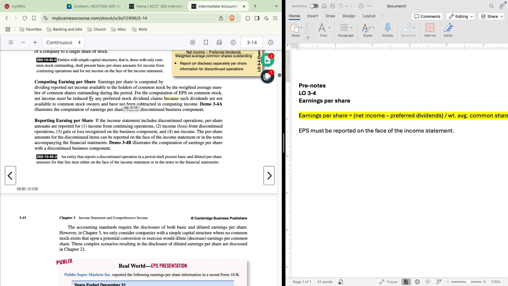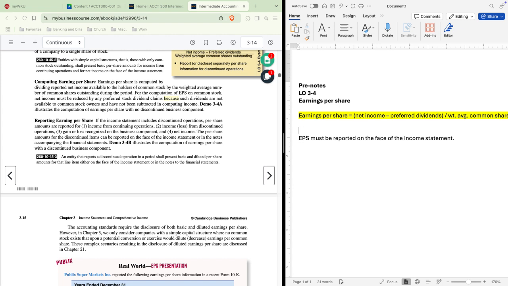So net income must be reduced by any preferred stock dividend claims because such dividends are not available to common shareholders. What I'm going to do here is go up and put this reasoning underneath the preferred dividends, and put it in italics just to make it stand out to me. You don't have to do that.